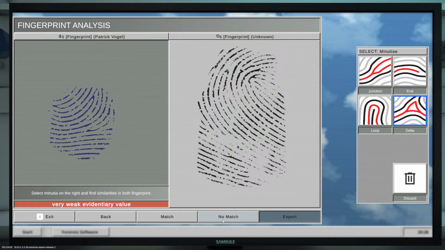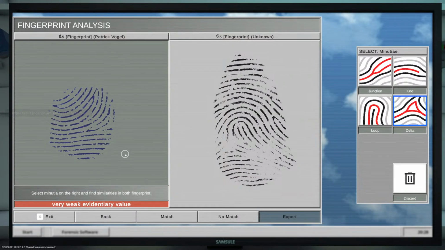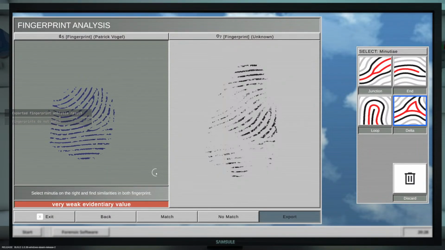No. No match. No match. This one kind of seems like it. Dang, this one is really hard to see.